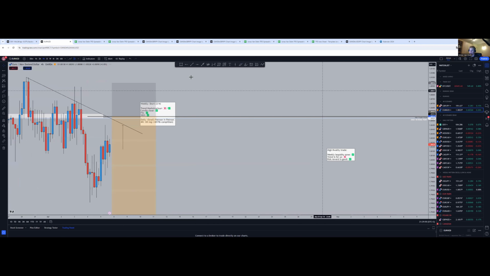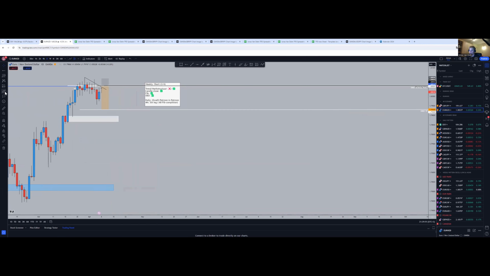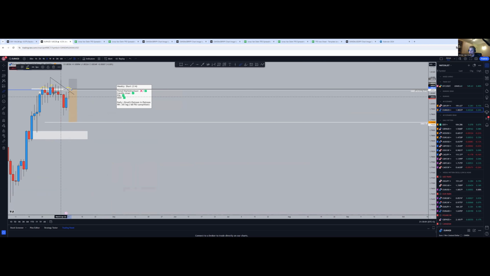Then the next one, EURNZD on the daily chart. What I can see on the daily chart is my shoulder one here, head, shoulder two, and if I look closer, first leg, second leg, third leg, fourth leg, a pattern within a pattern. For me, it's a small pattern, so I can just put my limit above on this shoulder one.